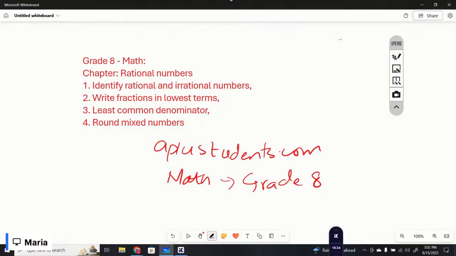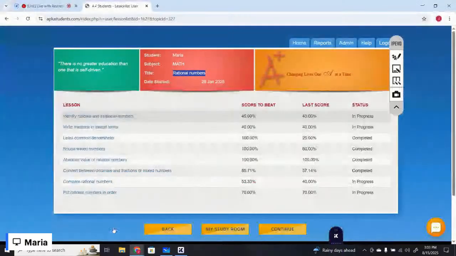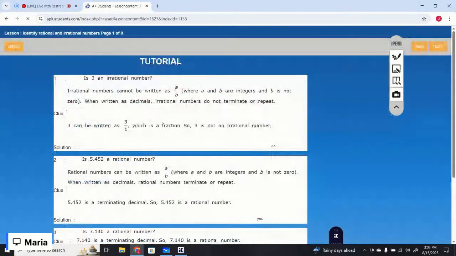So here I'm on grade 8 math. Let's start with the first lesson, identify rational and irrational numbers. Is 3 an irrational number?